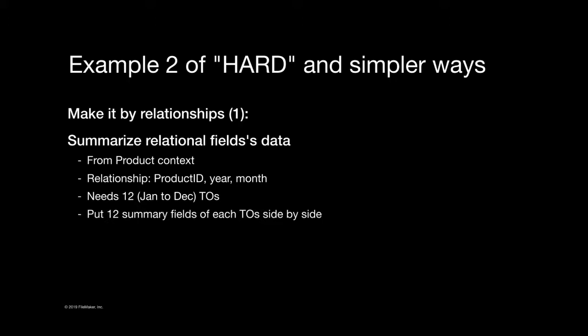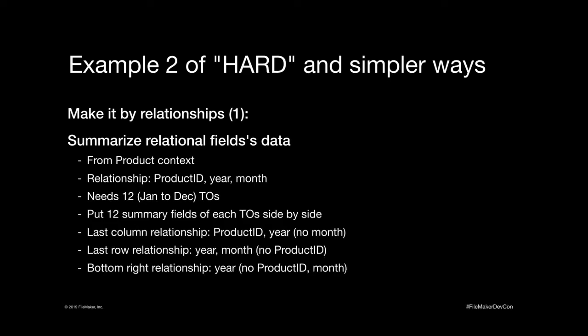Then it's like creating 12 TOs from January to December instead of creating 12 fields. And create a few more tiers of other relationships: by product and year, no month, for the right column; by year and month, no product, for the last row; and only by year, no product and month, for the bottom right.